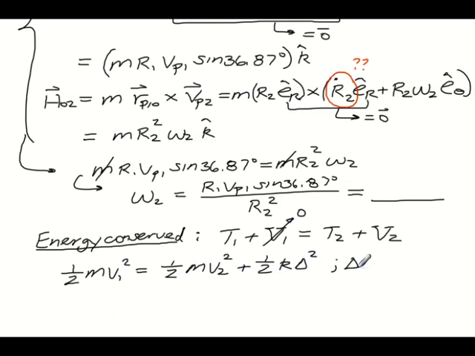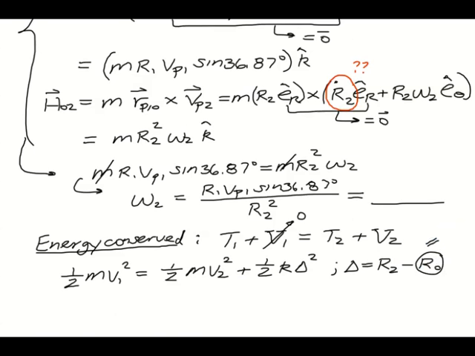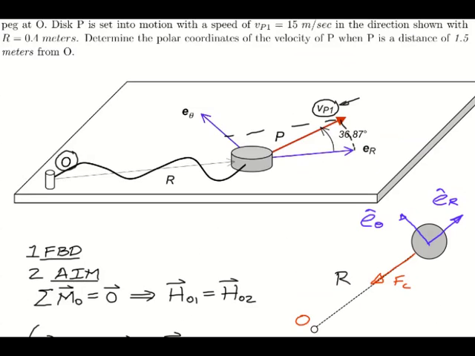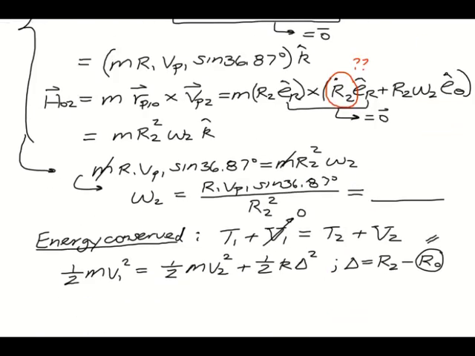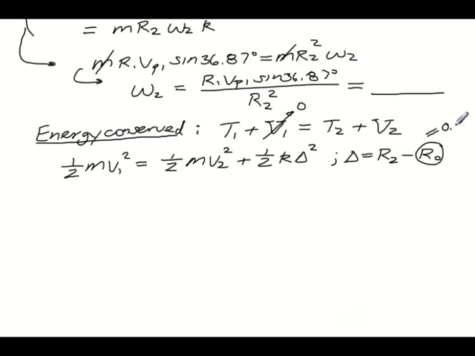Delta here is equal to the length of that chord, R2, minus the unstretched length, R0, which, when we look at it, it says here the unstretched length is 0.6. So we know delta.